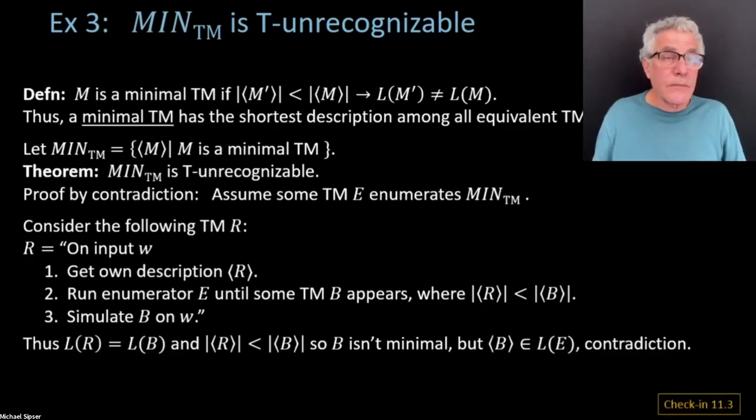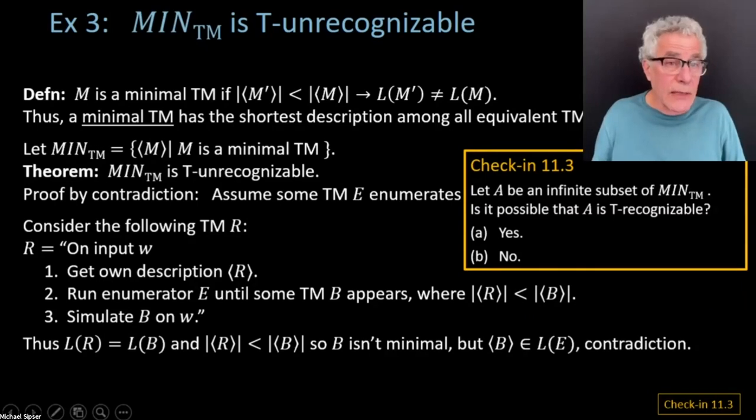So let me do a check-in on this. I expect this is going to cause some of you heartburn, but let's see, do the best you can. Suppose I have this collection of minimal Turing machines, and I take some infinite subset of that. So now I'm not demanding that I have all of the minimal Turing machines. I just have infinitely many minimal Turing machines.